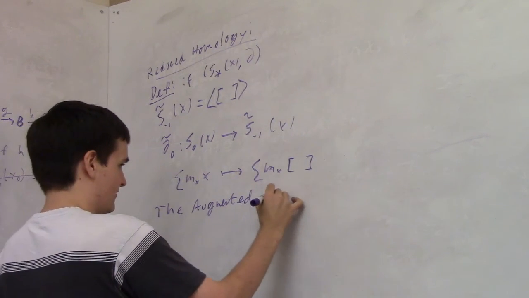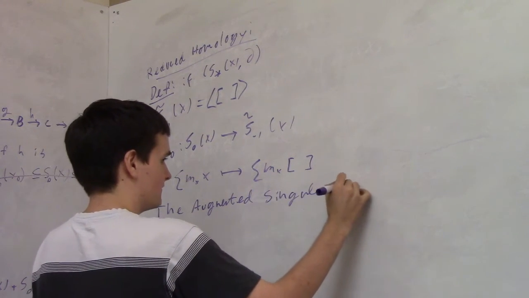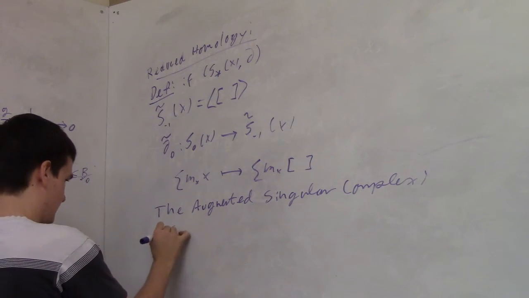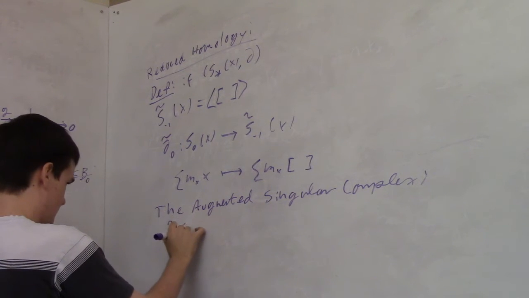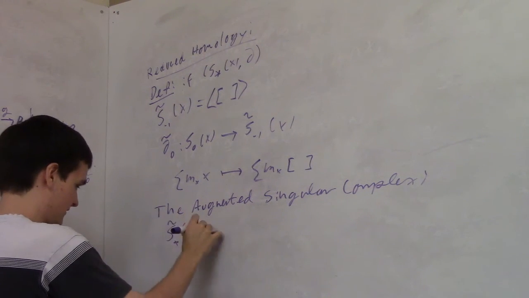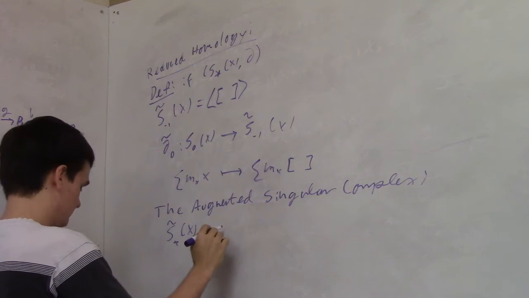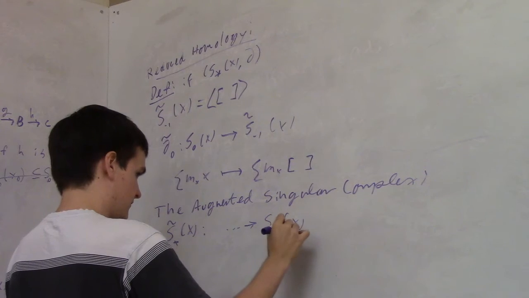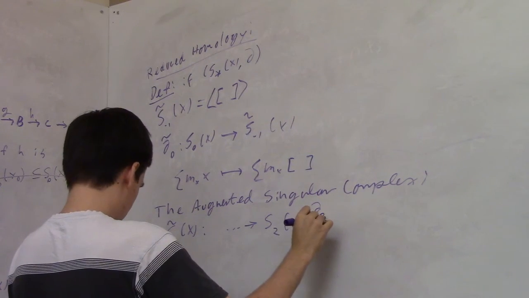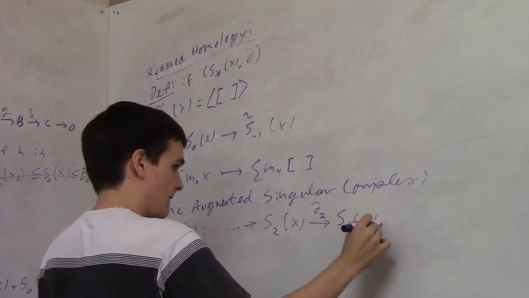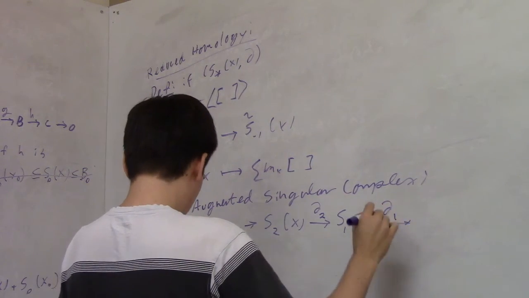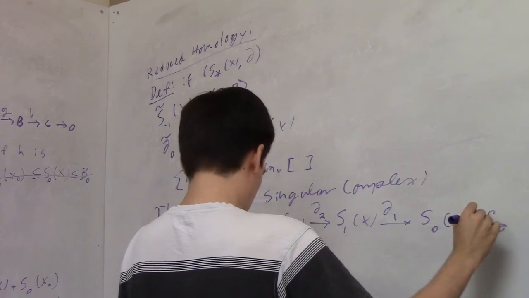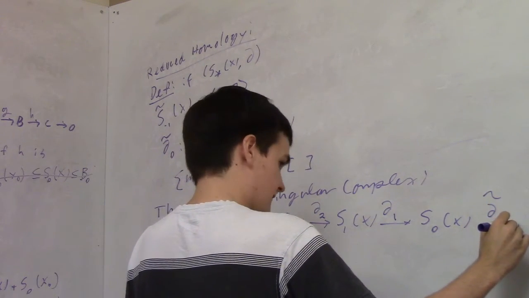So the augmented singular complex is essentially the same as the usual singular complex of a space. So S2 of X, delta 2, S1 of X, delta 1, S0 of X, delta squiggle knot, 0.